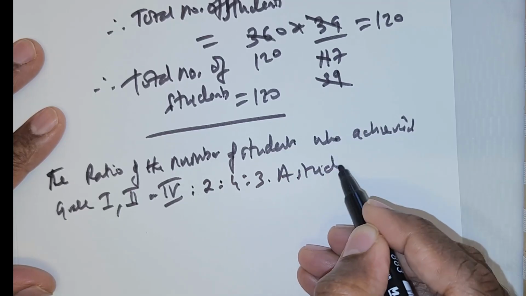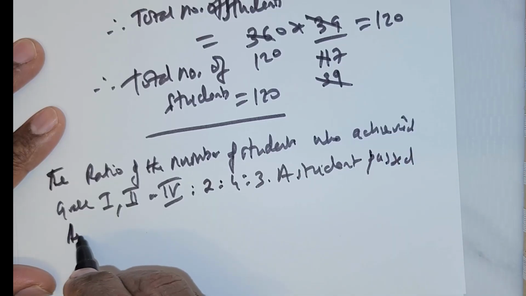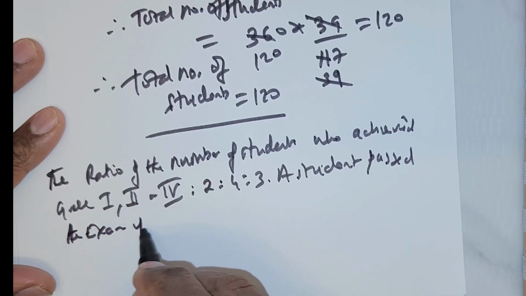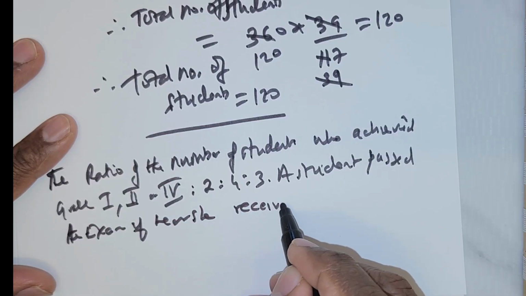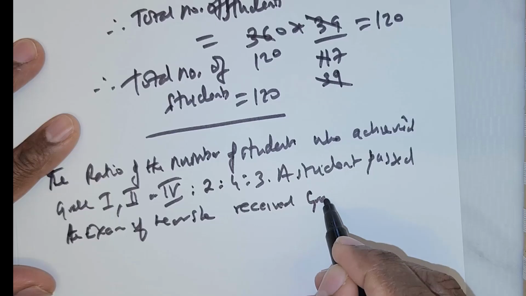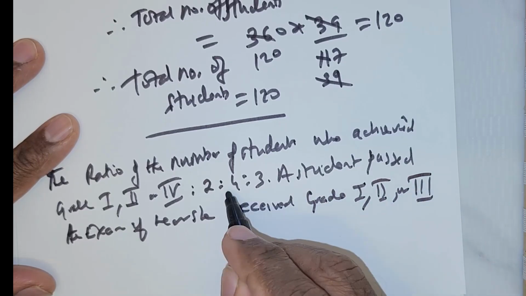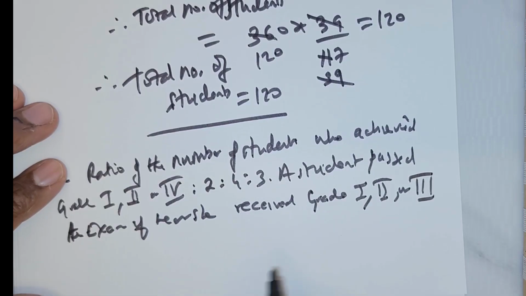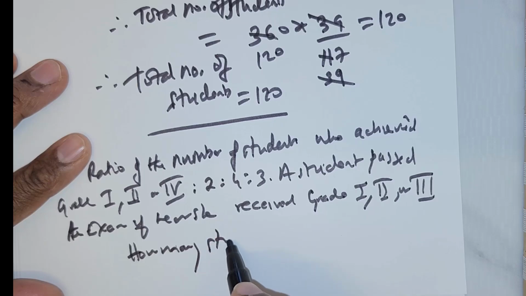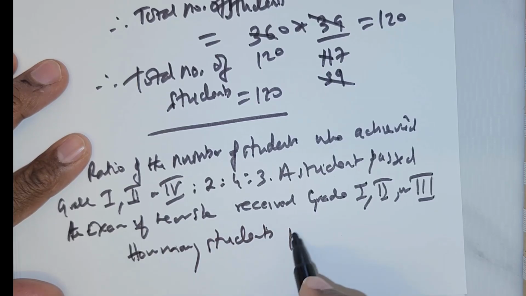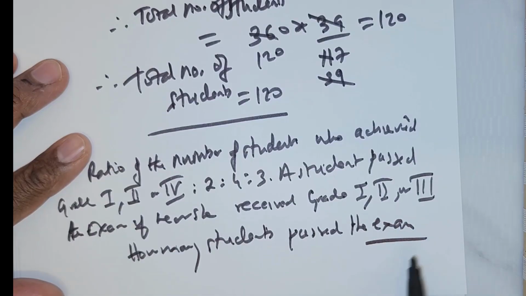A student passed the exam if he or she receives grade 1 or 2 or 3. So grade 4, anybody receiving is considered failed. So how many students passed the exam? It's a lovely question.